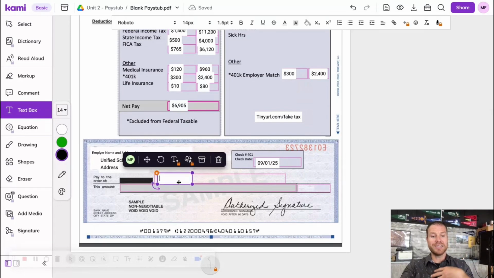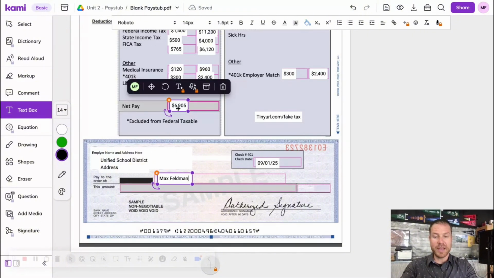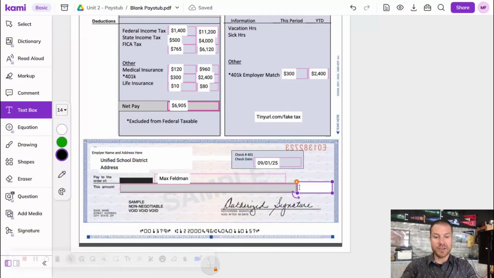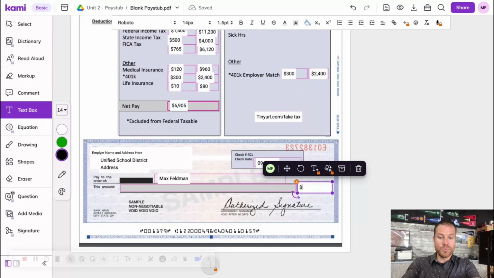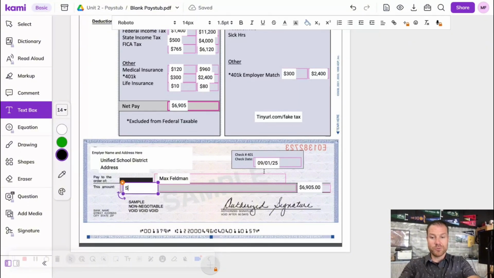Who is it getting paid to? Well, it's getting paid to me, the person that is on the pay stub. So in this case, I'll put my name. And the amount is this net pay right here. So the net pay comes down in this section as the numerical form of $6,905 with no change. And then over here in written form, I'm going to write out $6,905.